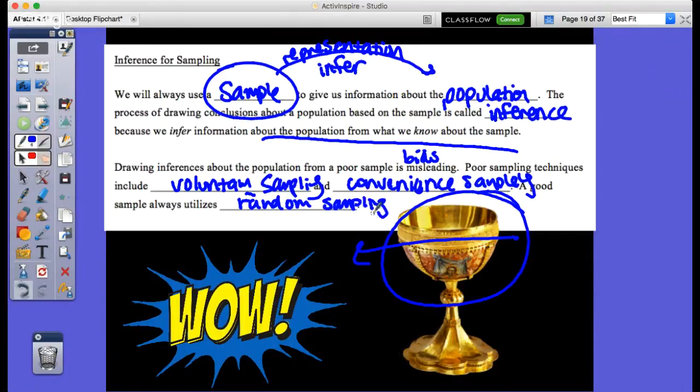We call this an SRS. So that's what we're looking at there with inference. We pretty much have already done this, but really we haven't used the word. But inference is a huge, huge deal, so make sure you have a good idea of what we're doing there, okay?